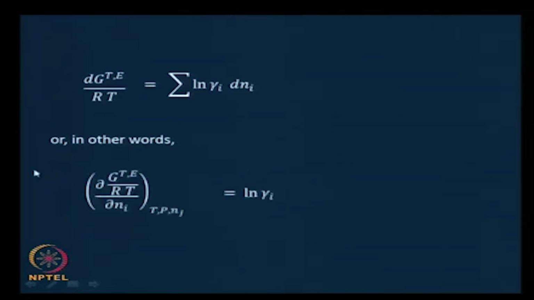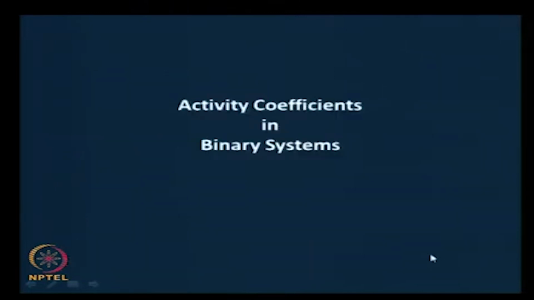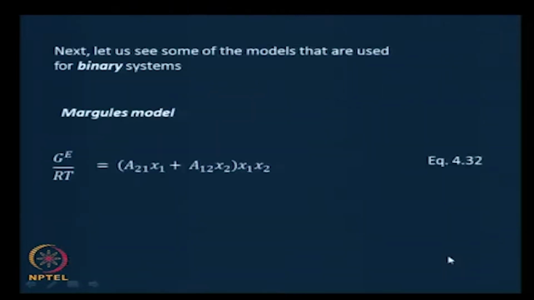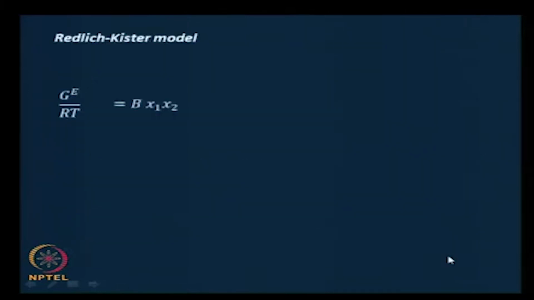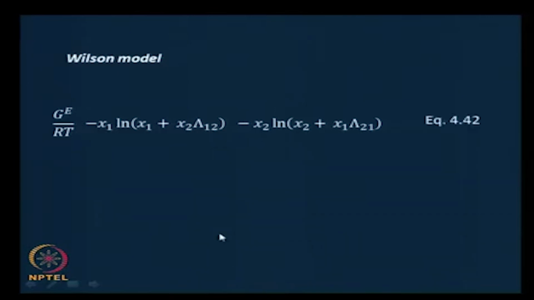And we got some useful relationships: dou Ni G E by RT at constant T, P, Nj was ln gamma I, and we saw various models, the Margules model, the Redlich-Kister model, Van Laar model, and the Wilson model for activity coefficients in a binary system alone.